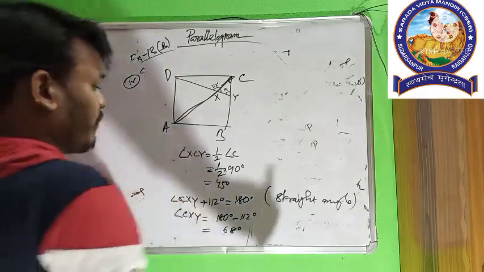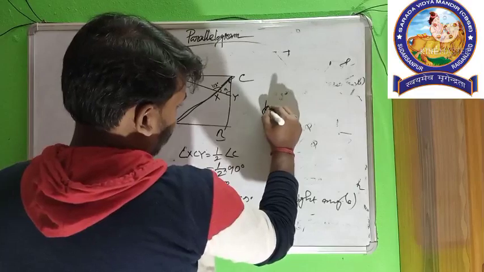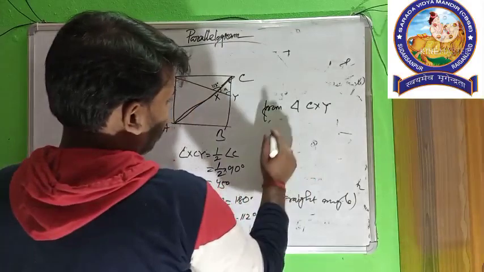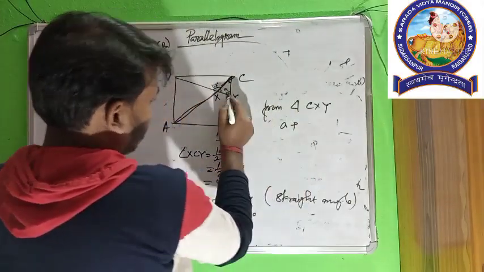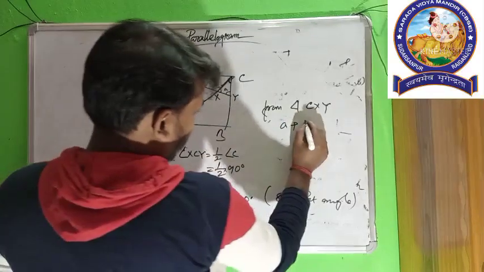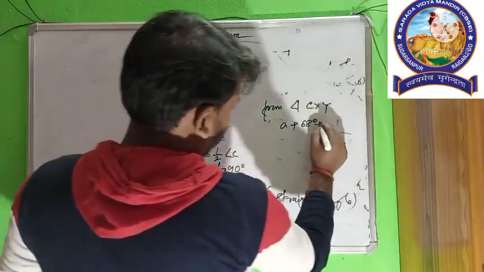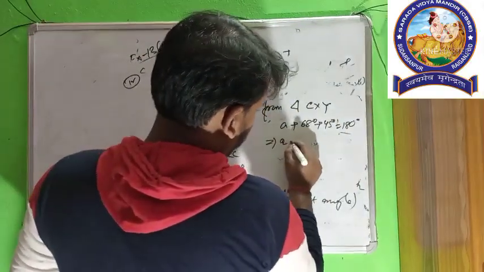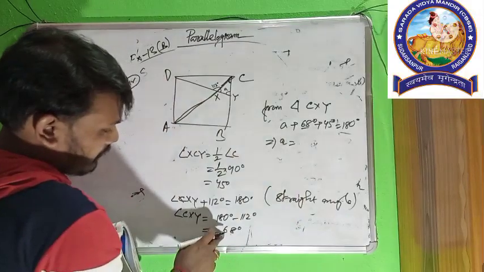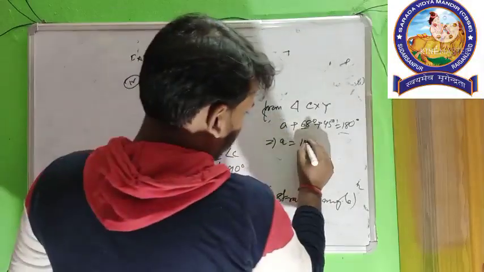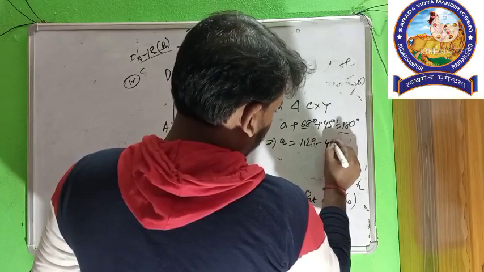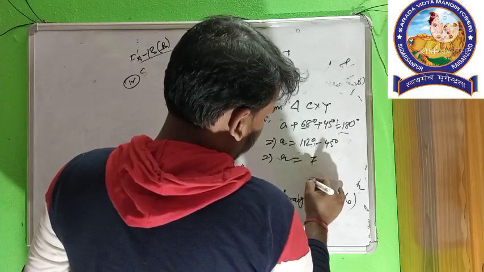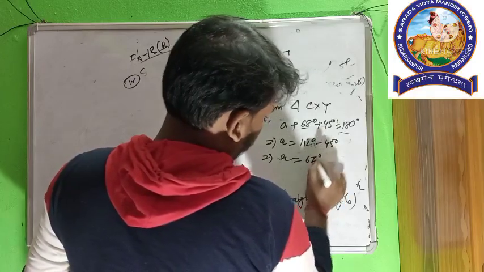So from triangle CXY, a plus the value of this one, 68 degrees, plus the value of this one, 45 degrees, equals 180 degrees. So a equals 180 minus 68, that means 112, and 112 minus 45 implies a equals 67 degrees. Okay.